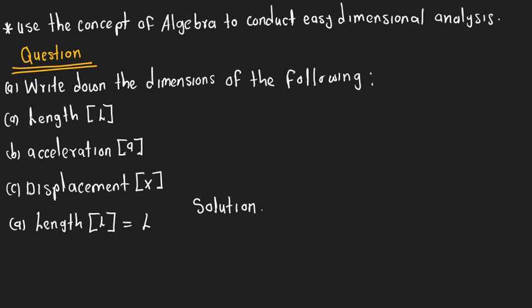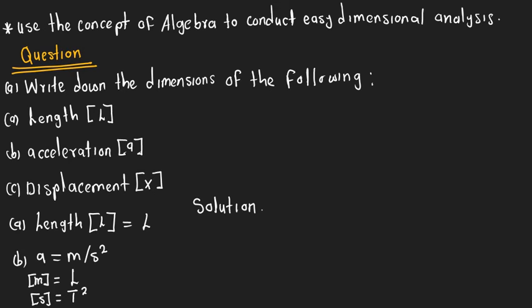Okay? Big letter L. The dimensions of acceleration, we know that acceleration is equal to meters per second squared. Okay? Then we know that the dimension of a meter measures the distance or some length, then that is going to be big letter L. Then we know that the dimensions of S representing the time, that is going to be big letter T for the period, and of course that becomes squared like that.